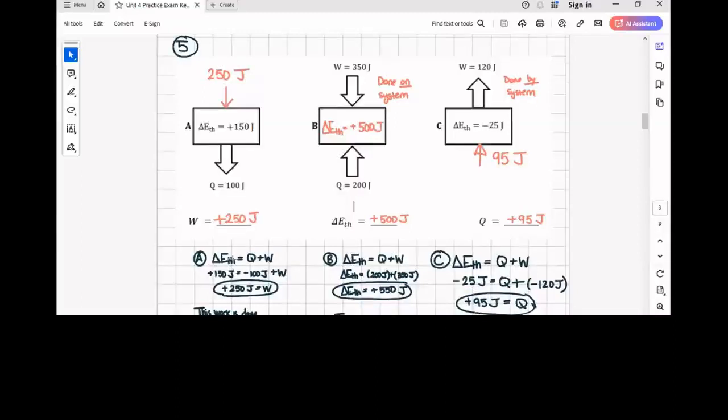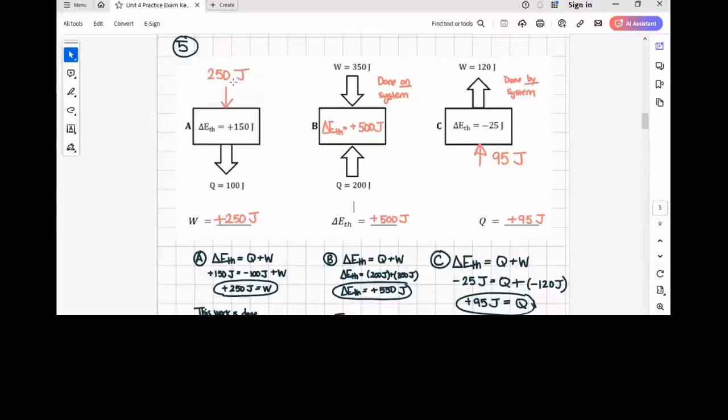The first law of thermodynamics just states that the change in thermal energy is going to be equal to Q plus W. So for case A, I know that I have a positive thermal energy change, but there's a negative heat here. So heat is being lost by the system, all the while the thermal energy is increasing. The only way that we can achieve this is if there's work that's being done on the system.